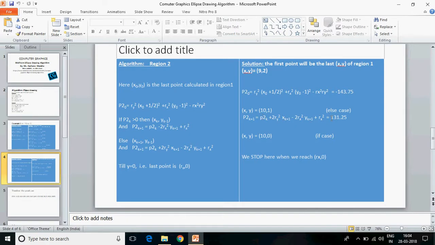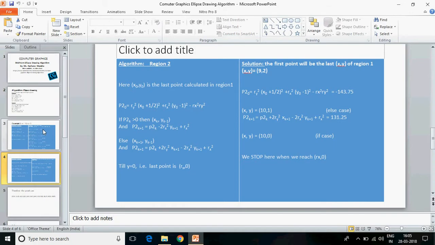Now it is 131.25. Is it greater than 0? Yes. So it is the if condition. If it is if condition, xk, yk minus 1. X is constant, y is minus 1. 1 minus 1, 0. We stop here because we have reached rx, 0.